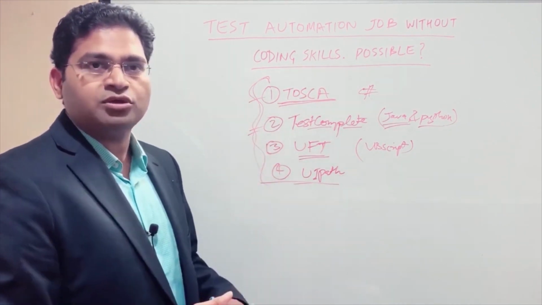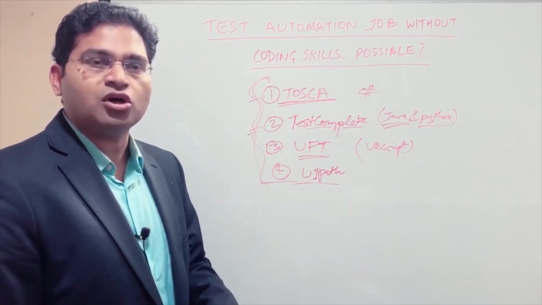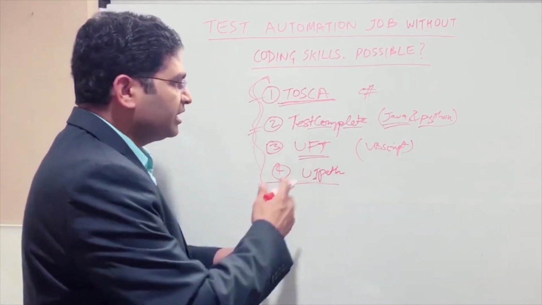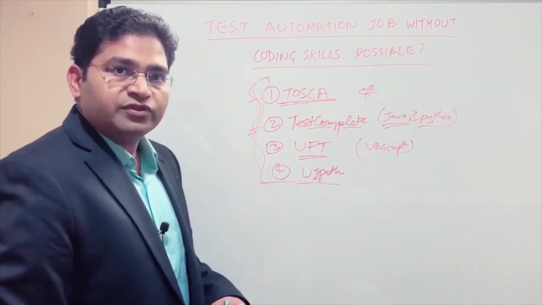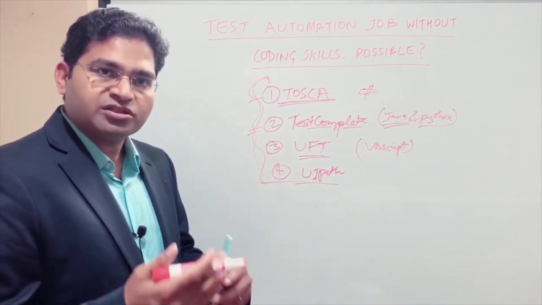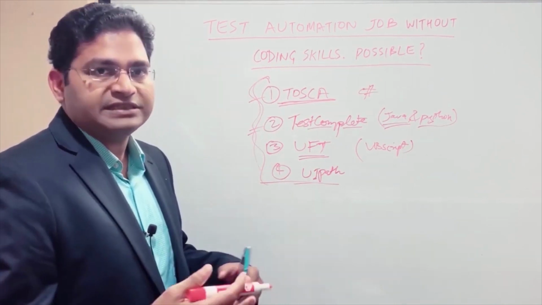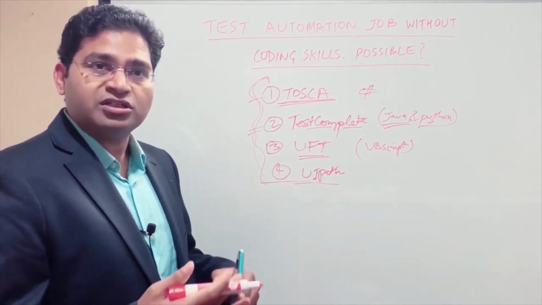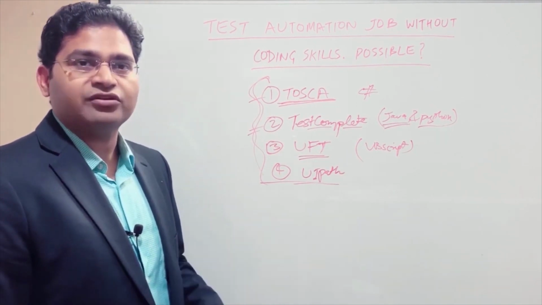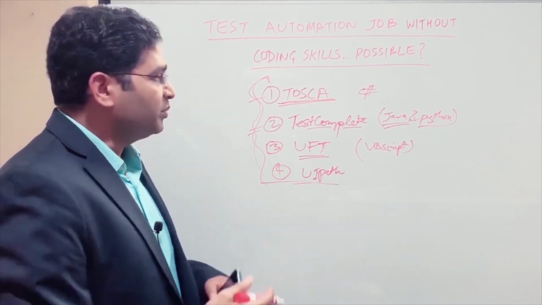It is not possible to achieve a test architect job if you do not know any programming language. But if you just want to be part of the team and help the team with test automation scripting, yes, it is possible. All right, but you still need a logical understanding of loops, etc., to build that solution.